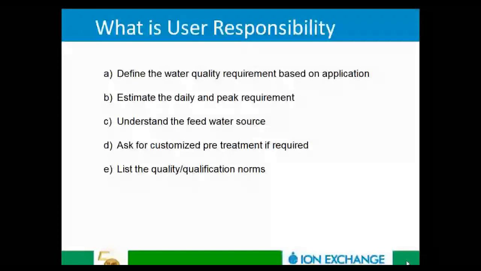So these four questions are very important, which the user has to understand and ask the vendor. One is to understand the daily requirement, understand the application and the water quality required, understand the feed water source, and based on that, ask for the customized pre-treatment.